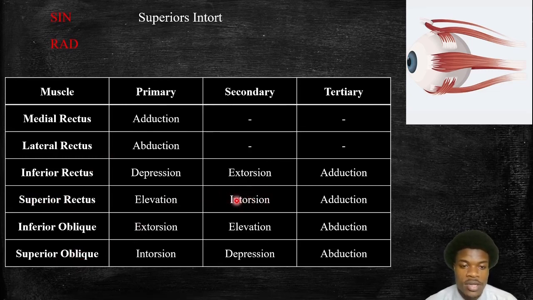So intorsion is helped by the superior muscles, the superior rectus and superior oblique. RAD, on the other hand, is rectus muscles adduct. So with the exception of the lateral rectus, which we know is to abduct, all the other rectus muscles will help the eye to adduct. So medial rectus will help adduction, inferior rectus will help adduction, and superior rectus will also aid in adduction.